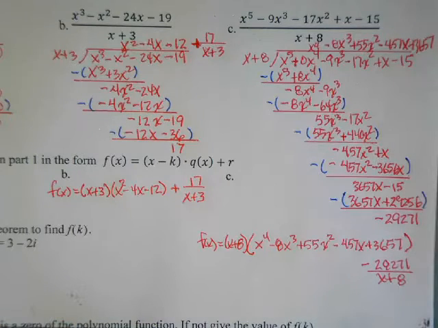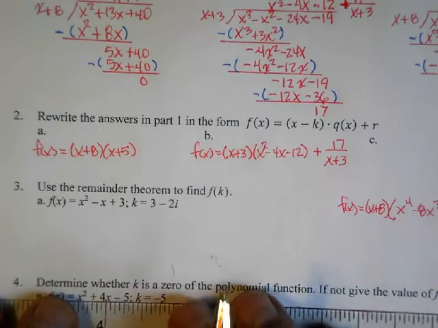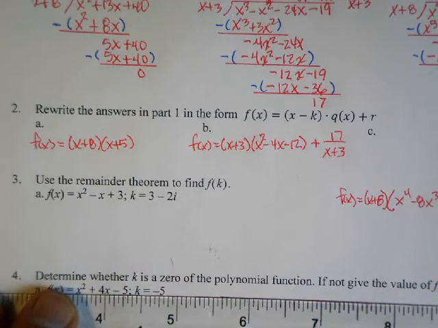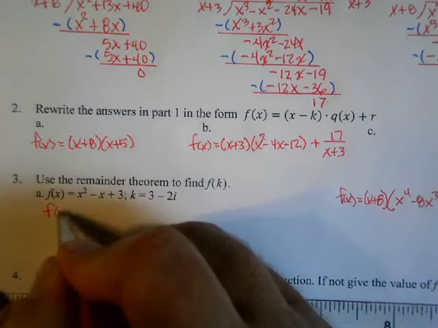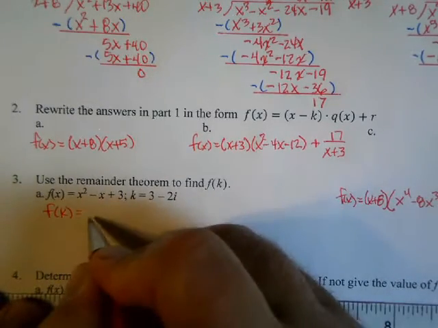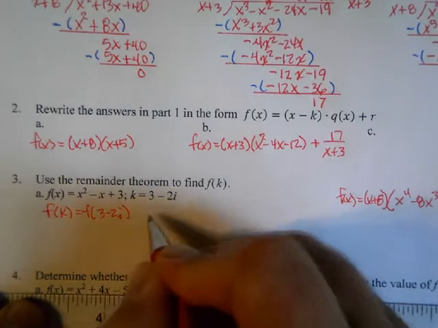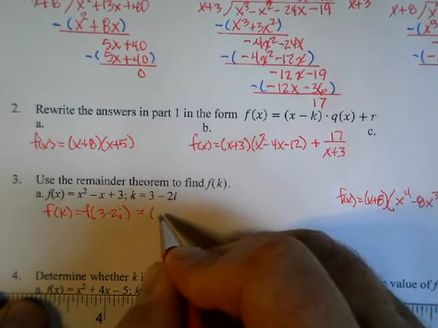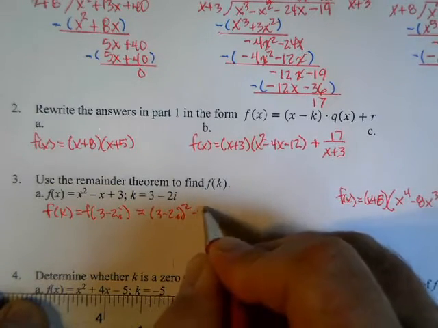All right. Number 3 here says use the remainder theorem to find f of k. So basically that means we're going to take and plug in k to our problem. So f of k will be f of 3 minus 2i, which means then we're going to do 3 minus 2i squared, subtract 3 minus 2i, and then plus 3.